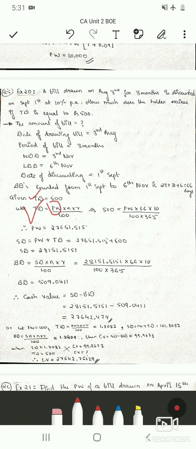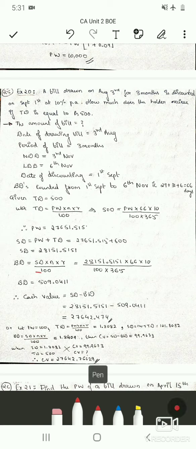Once you get the present worth, then using the relation of sum due, present worth and true discount, you can get the sum due. And then what we are interested to know, we are interested to know cash value. To get the cash value, we must know banker's discount. So once you get the sum due, then to get banker's discount all you have to do is use the formula, solve for it, you will get the answer.